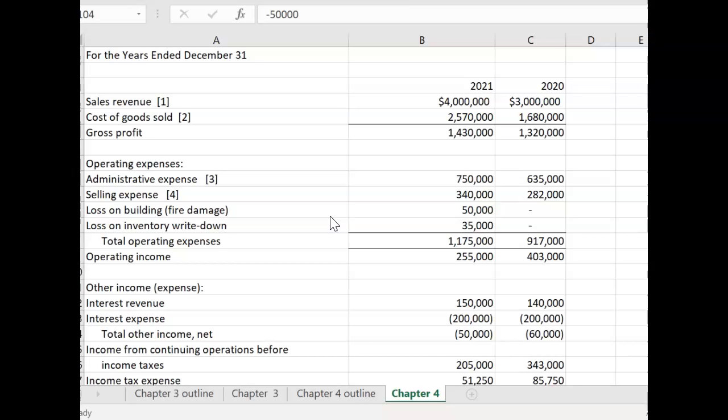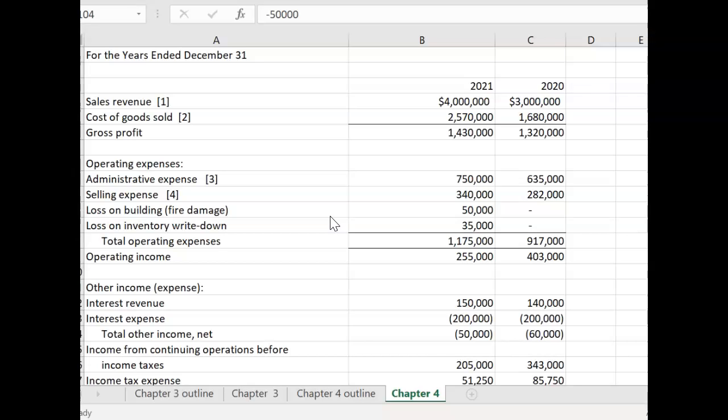Inventory had a cost of $40,000 and had become obsolete because a competitor introduced a better product. The inventory was written down to its scrap value of $5,000. Again, that's an unusual circumstance, and they had to write it down to $5,000, which means the write-down was $35,000. That would be included in our operating expenses. The income taxes have not yet been recorded.